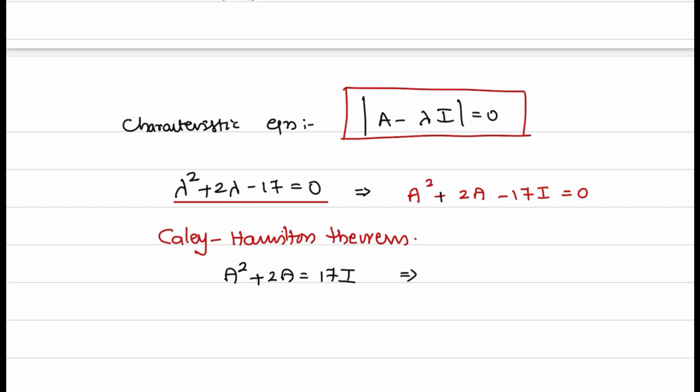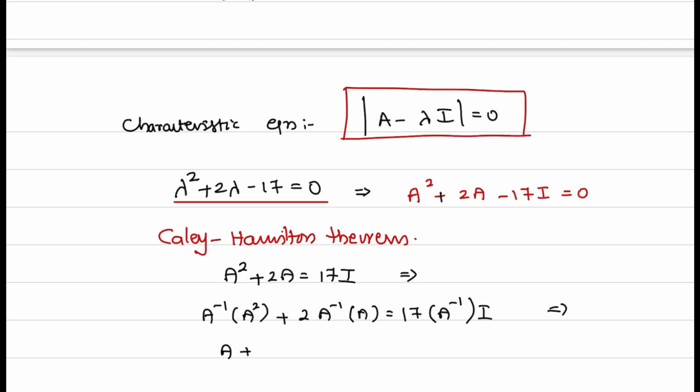Then multiply both sides with A inverse. A inverse into A square plus 2 into A inverse into A is equal to 17 into A inverse into I. When a unit matrix is multiplied with something, the same matrix is repeated. That means A inverse into A square is A, plus 2 into A inverse A, which is I, is equal to 17 A inverse.